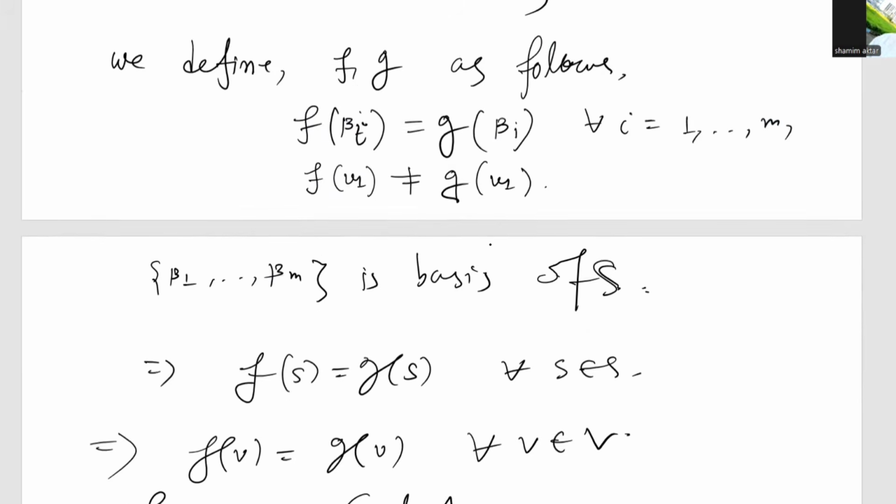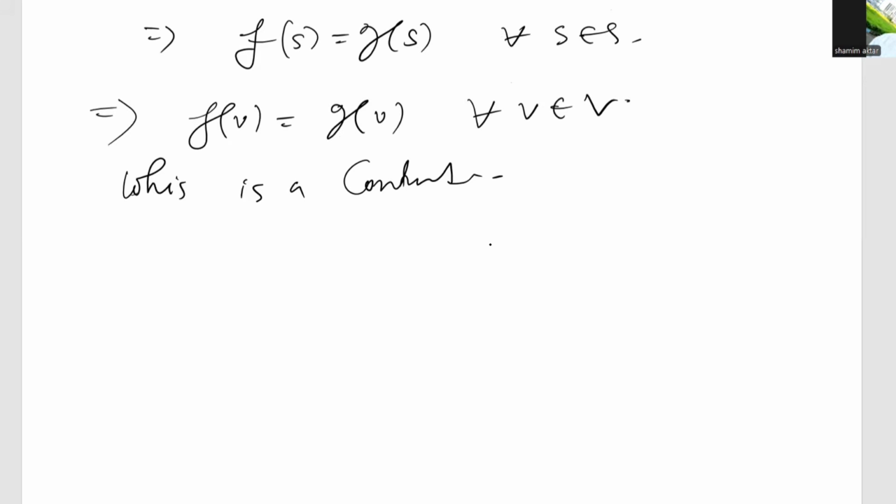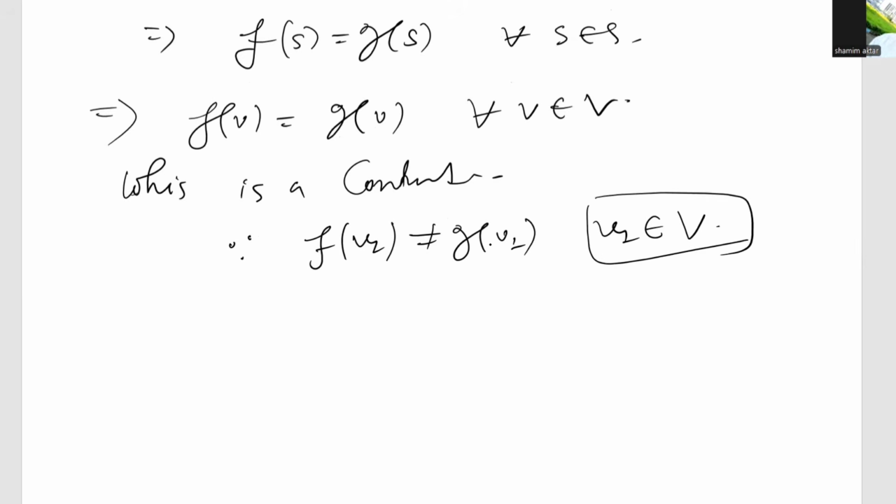Why? Because we already defined f of v1 not equal to g of v1, and v1 is also a non-zero member of V, which is a contradiction.